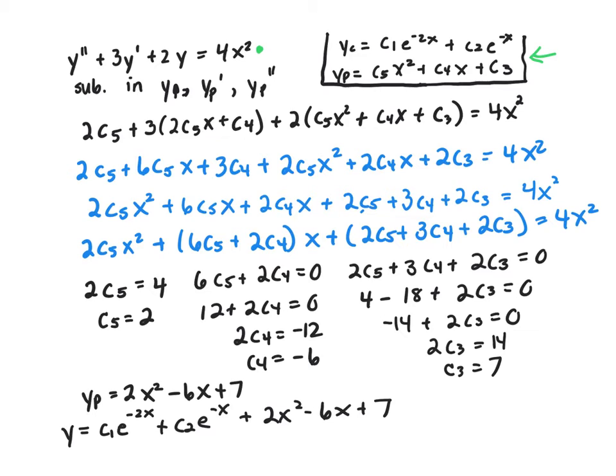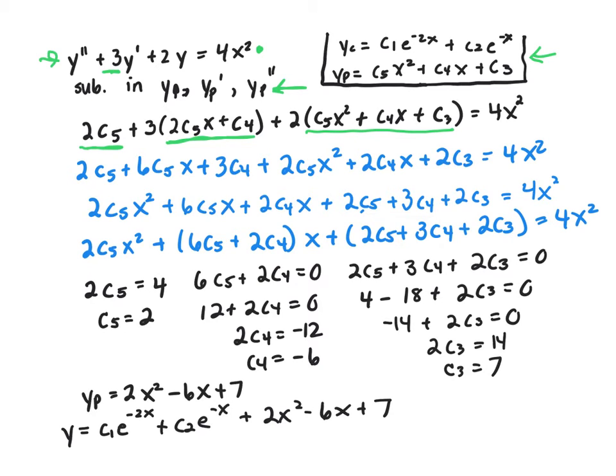You need to copy them down from the previous page and substitute each one into your original equation. So y sub p double prime was 2c5, plus 3 times y sub p prime, plus 2 times my y sub p.